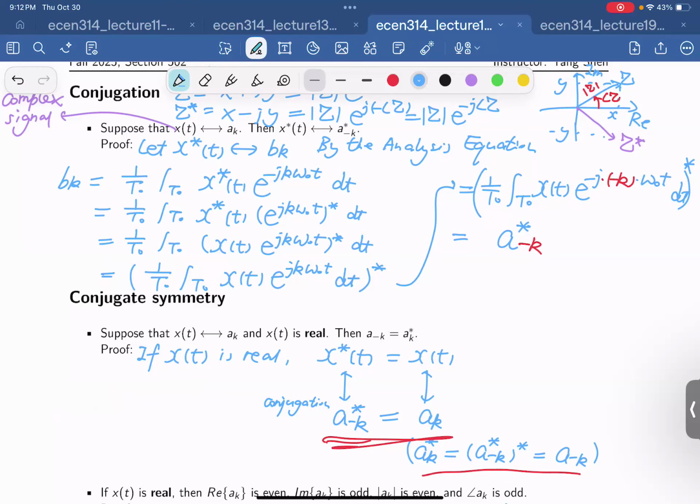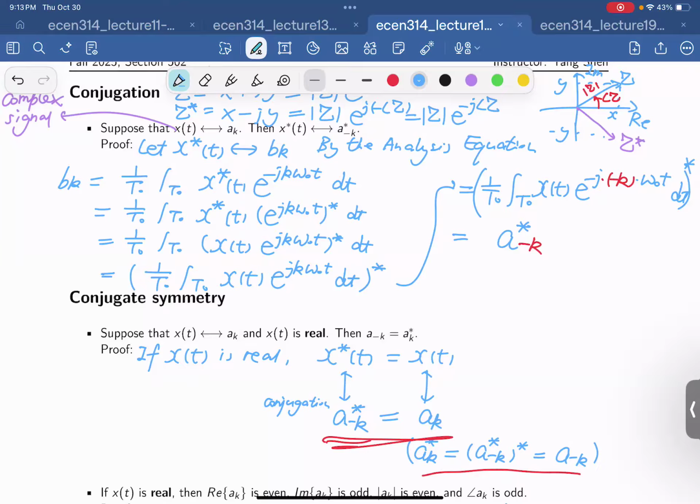We have seen similar examples before where a sub minus k, the negative frequency term, is the complex conjugate of the corresponding positive frequency term, a sub k, right?